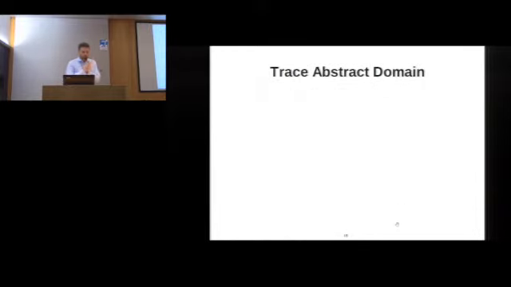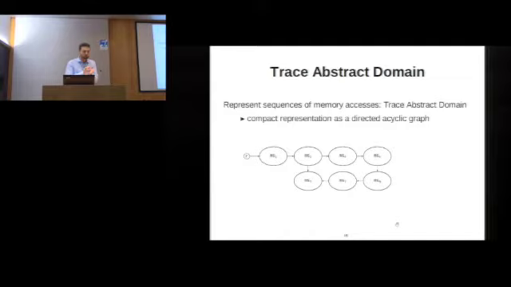All right, so far I have considered only one memory access. So to be able to represent multiple accesses, we introduced the trace abstract domain. And it is essentially a data structure that allows us to compactly represent sequences of accesses in the form of a directed acyclic graph.